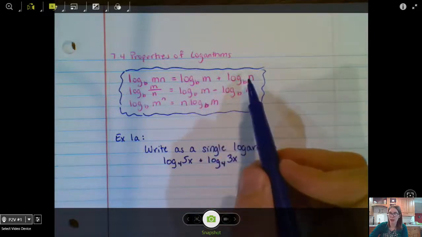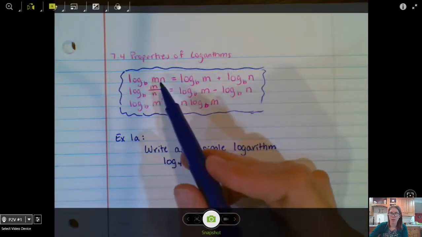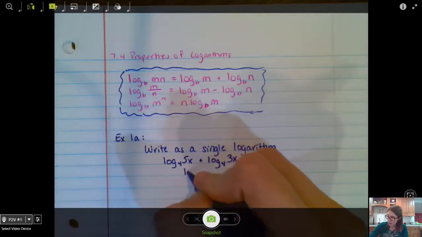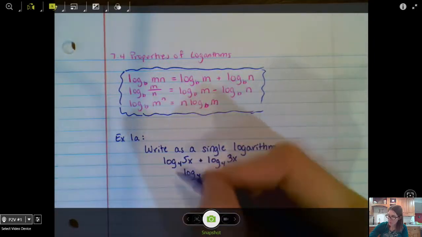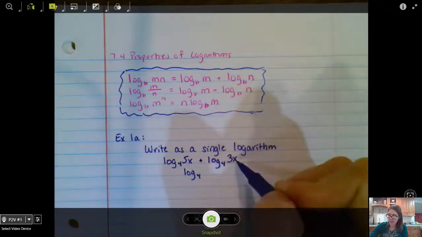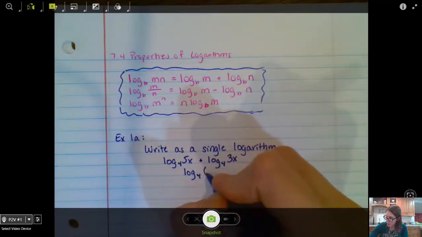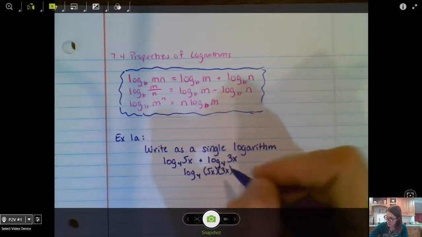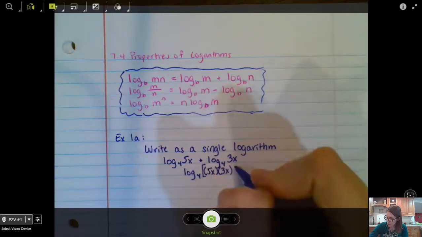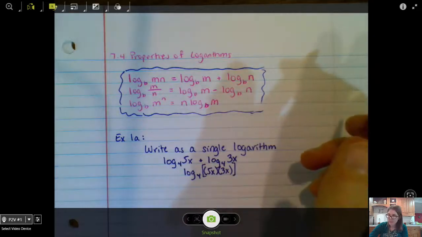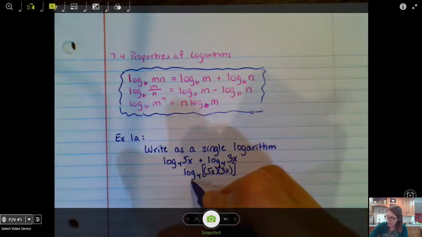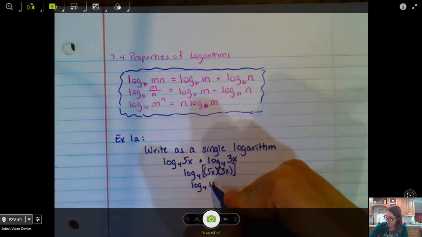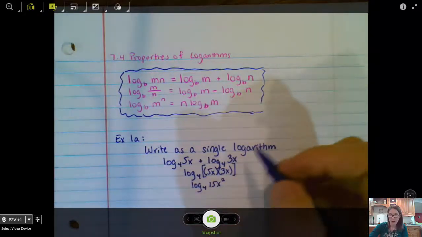Two logs added together is the log of m times n. So this is going to be log base 4 of 5x times 3x, and we can do that multiplication. Log base 4 of 15x squared.